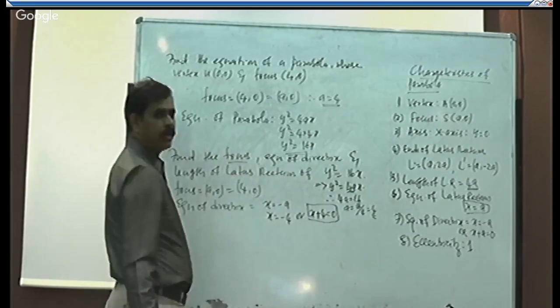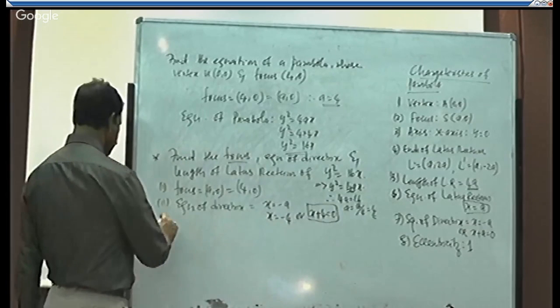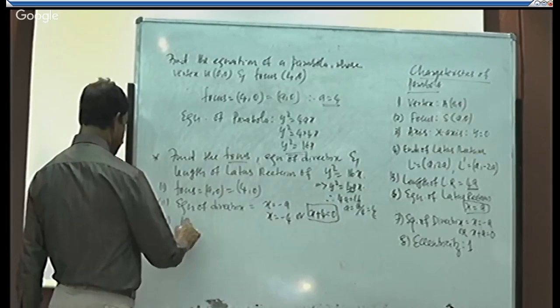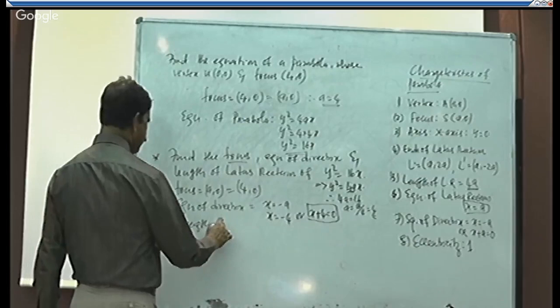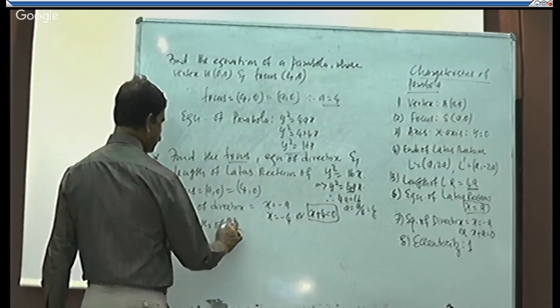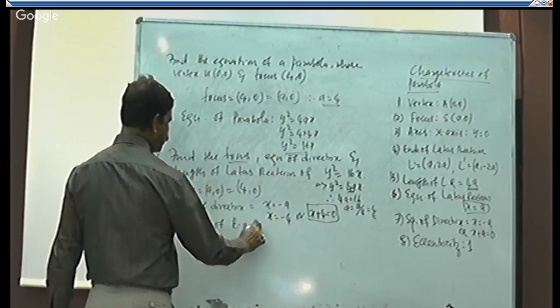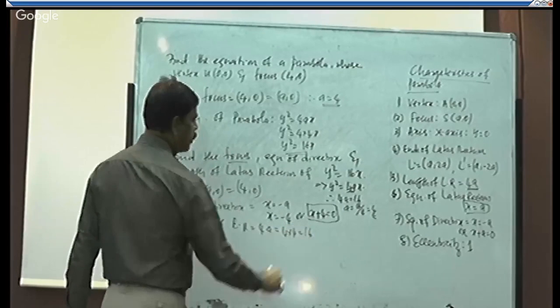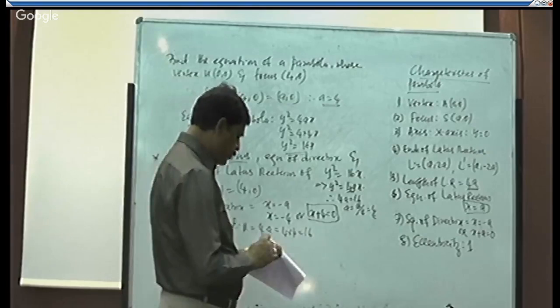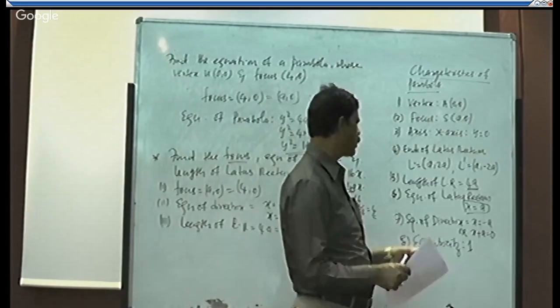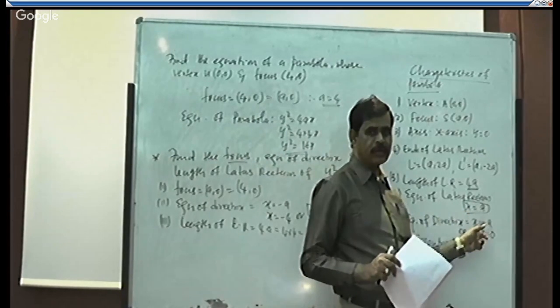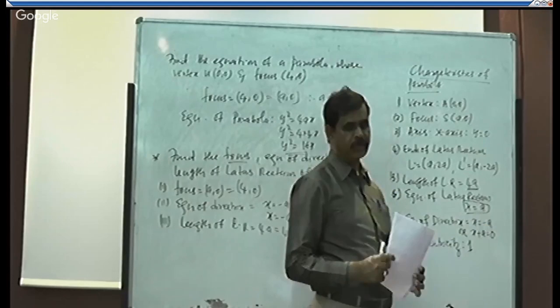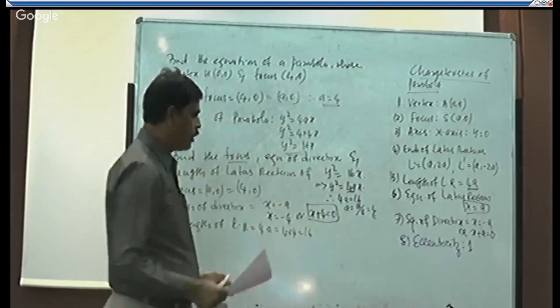Third one, length of latus rectum is equal to 4a. 4 into 4, it is 16. If they ask the equation of latus rectum, the equation of latus rectum is x is equal to a. So x is equal to 4.